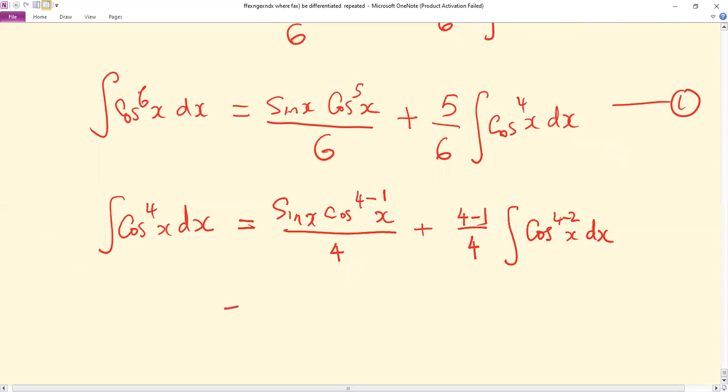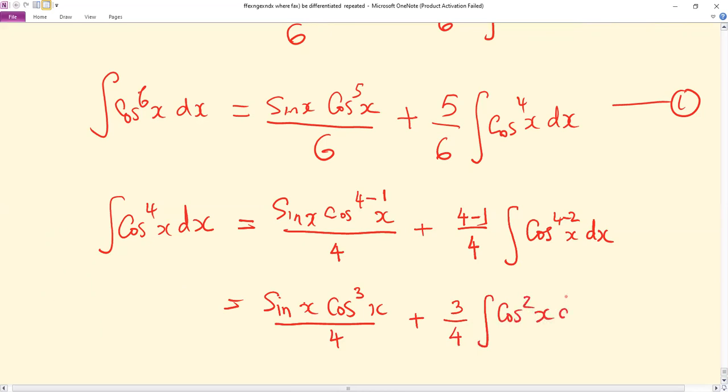So this will give us sine x cos power 3 x divided by 4 plus 3 over 4 integral of cos squared x dx. Call this one 2.